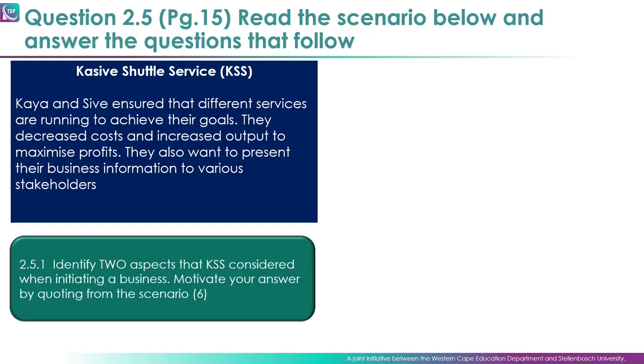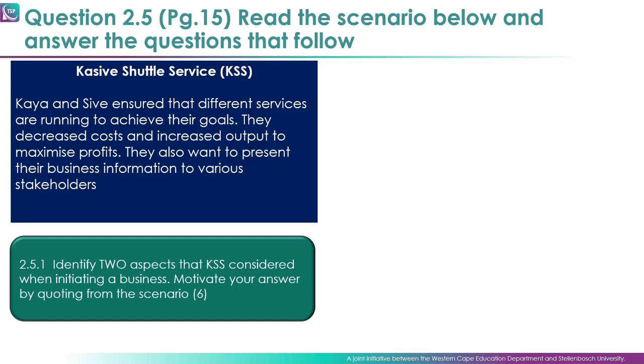All right, so we're moving on to the next question, question 2.5 on page 15. This is what you'll see very often in your papers, a scenario which is given, and then you have to base your answers on that scenario. So we have a scenario there: Kasiva Shuttle Services, KSS, ensured that different services are running to achieve their goals.